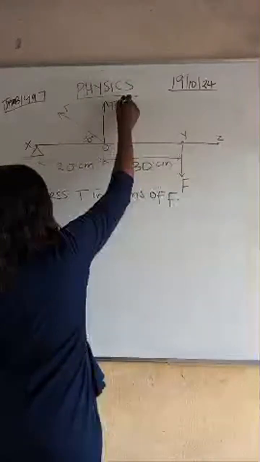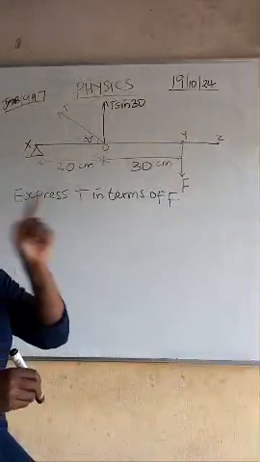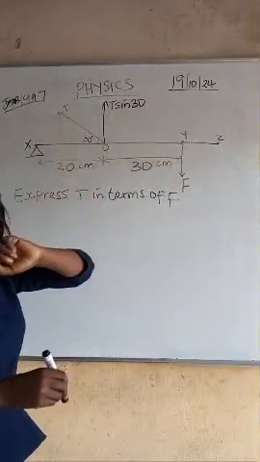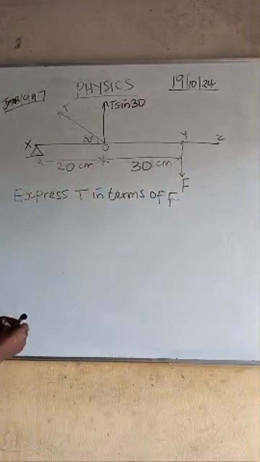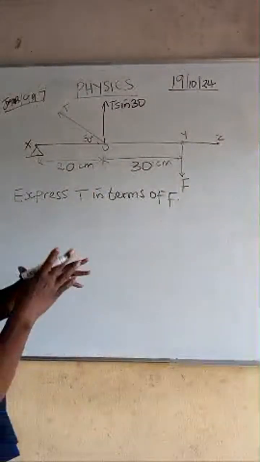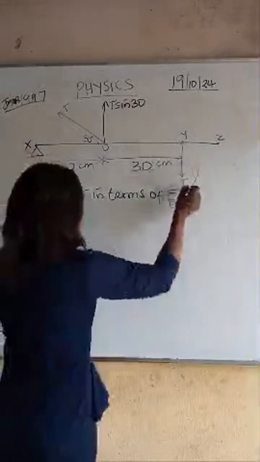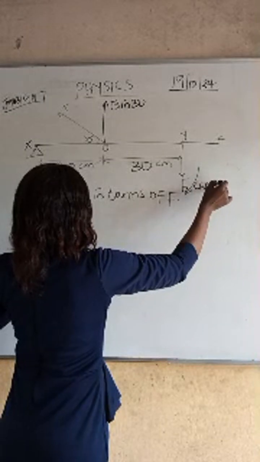Sine. It's going to be T sine what? 30 because we're resolving to the vertical and we are working with the vertical vector, okay? All right, so that is by the way. So the next thing we're going to do is to resolve it with respect to this. That is, this is clockwise moment. Why this is what?